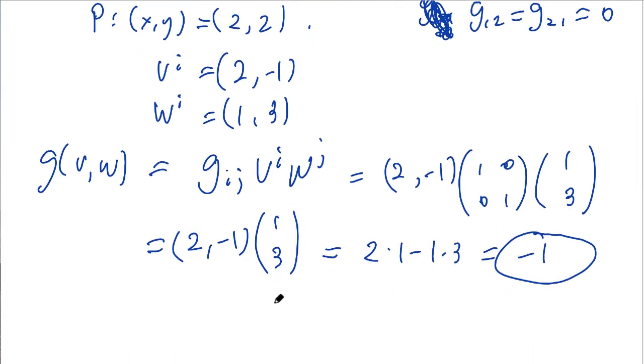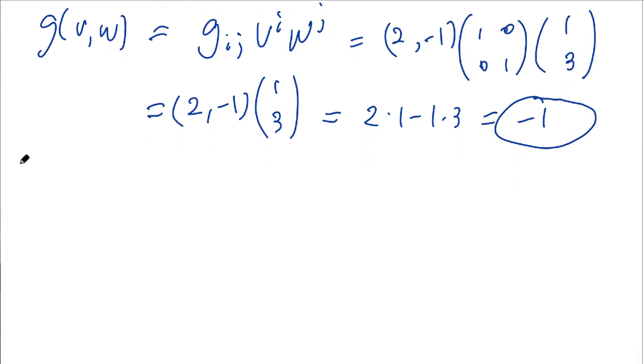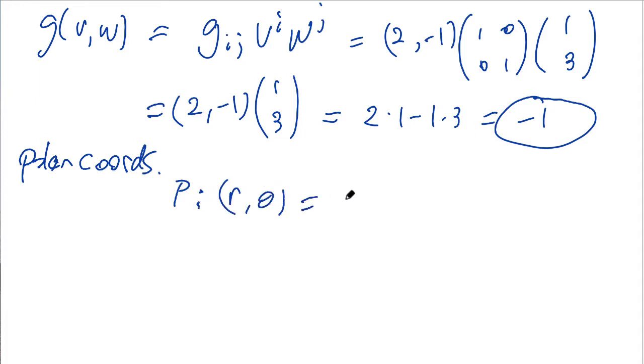Now let's carry out this same calculation, but using polar coordinates. All right, so the point P was 2 comma 2 in Cartesian coordinates, so that's a radial distance of square root of 8 at an angle of pi over 4.